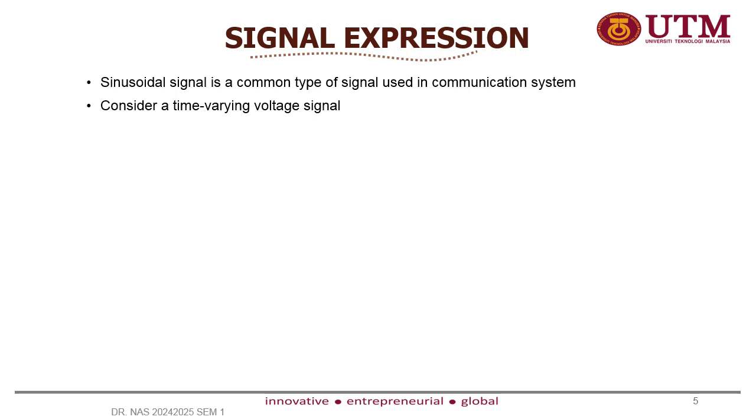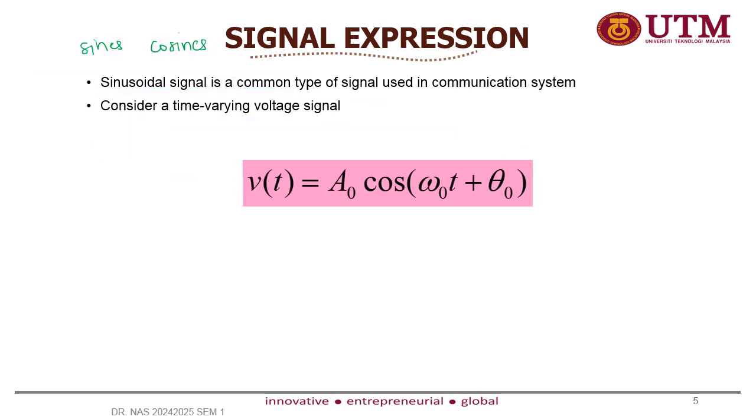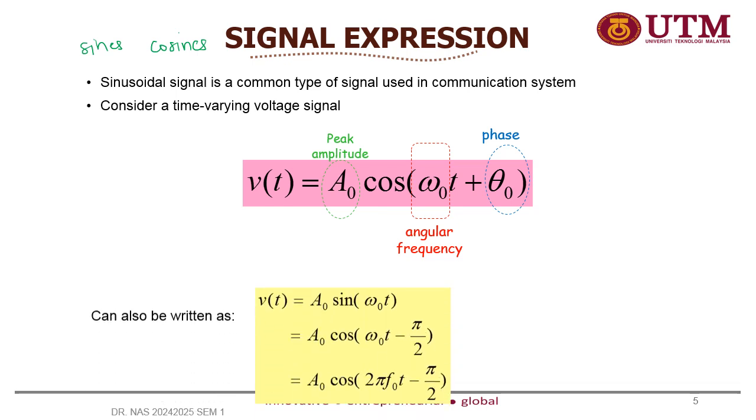Okay, a sinusoidal signal is a common type of signal used in communication systems, either in sine or cosine function. This is the general equation for a cosine signal, in which A0 is the peak amplitude of the signal, omega naught is the angular frequency in radian per second, and theta is the phase of the signal.